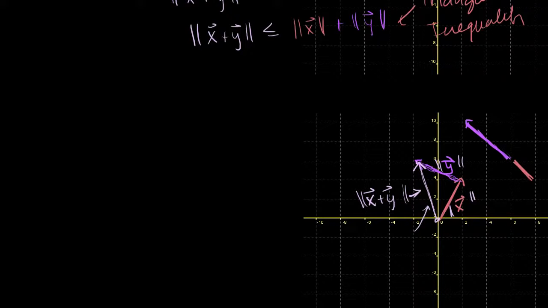So this is vector x. This is vector y. Now x plus y will just be this whole vector. And this is the case where the triangle inequality turns into an equality. That's why that little equal sign there. The extreme case where essentially x and y are collinear. And why does that work out?